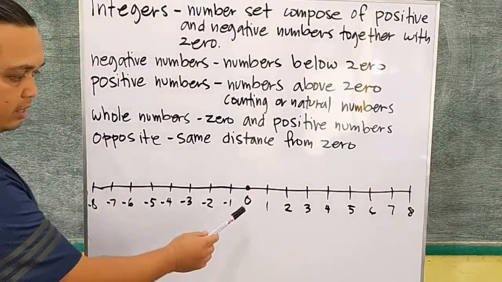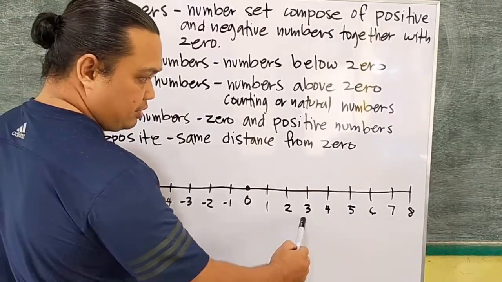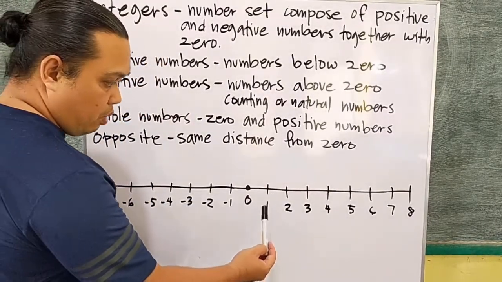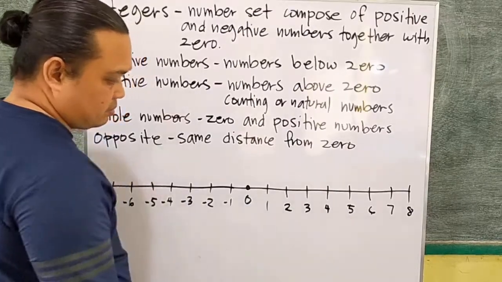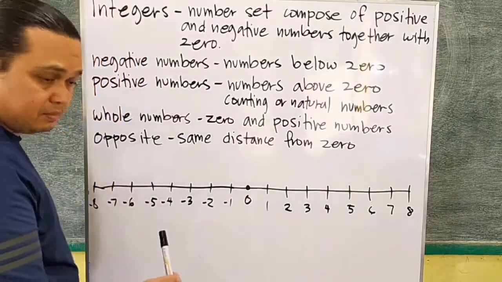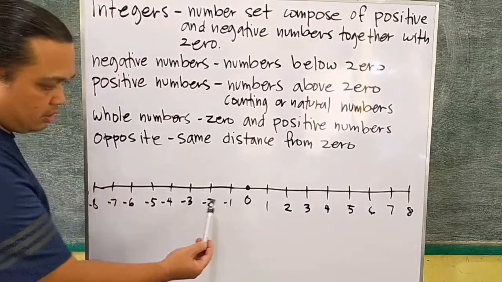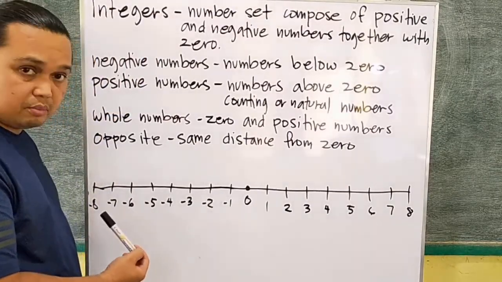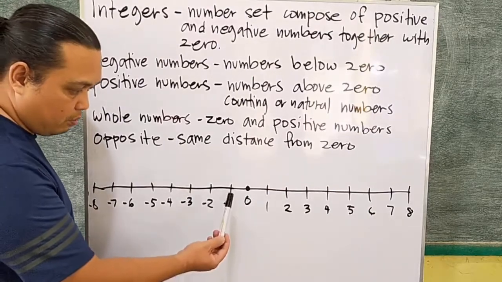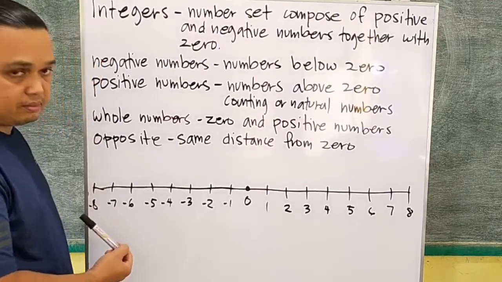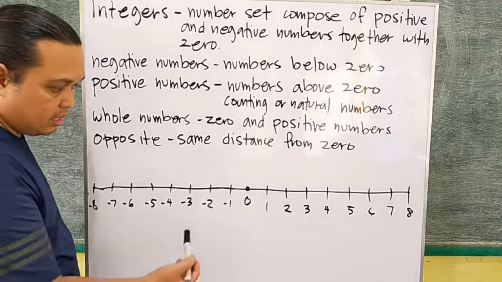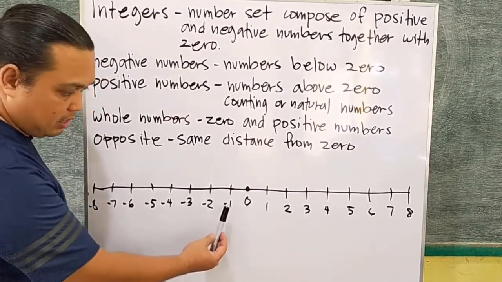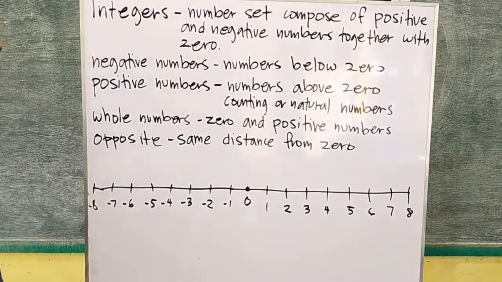To the right of the 0, we have a set of numbers from 1 to 8. At the same time, on the left of 0 we have also the same set of numbers, from 1 to 8. But this time, it has a symbol of minus. It's called negative.